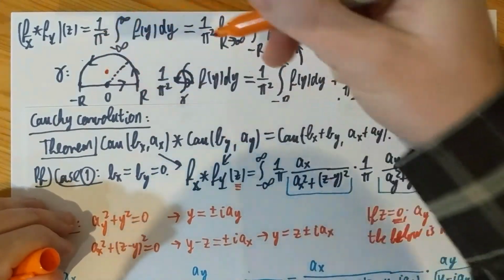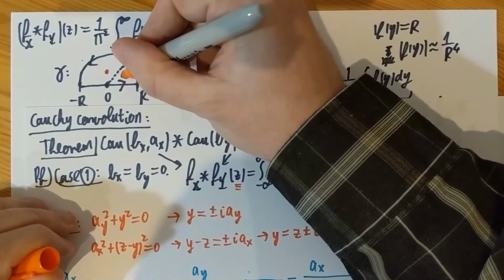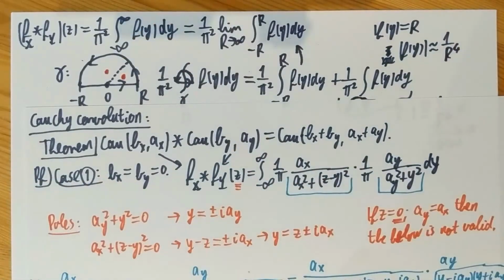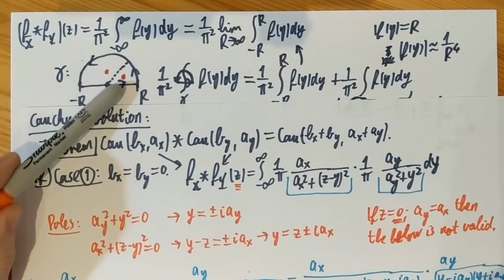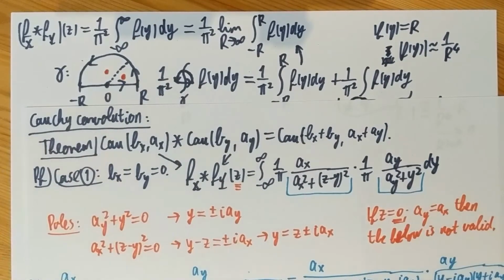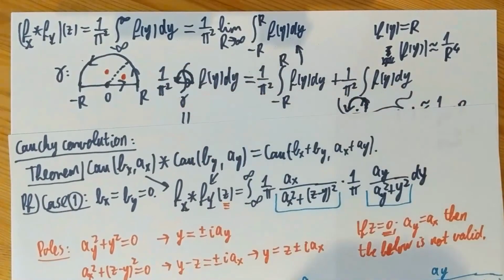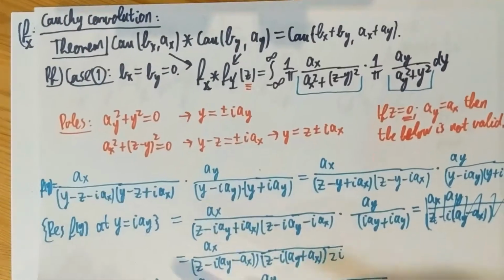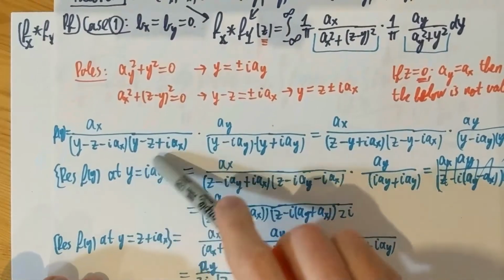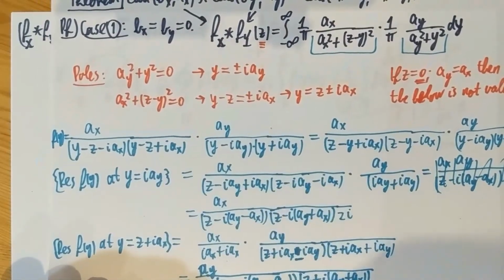The a is positive, right? iay is here. z plus iax is there. z is a real number. As soon as r is large enough to include those, then the value of this contour integral will not change anymore. It is just going to be the sum of these two residues. That's the residue theorem.